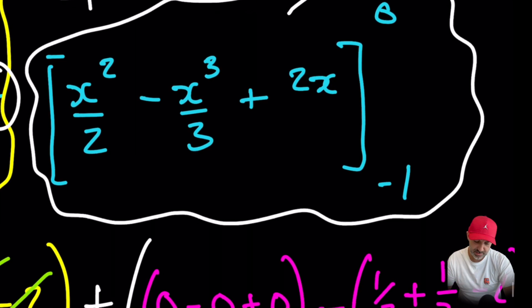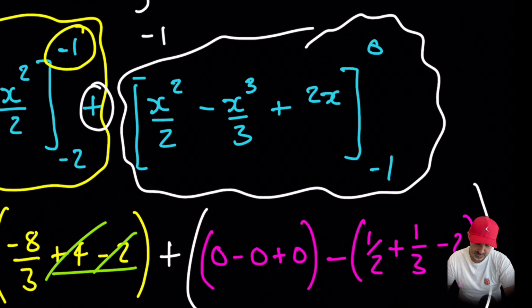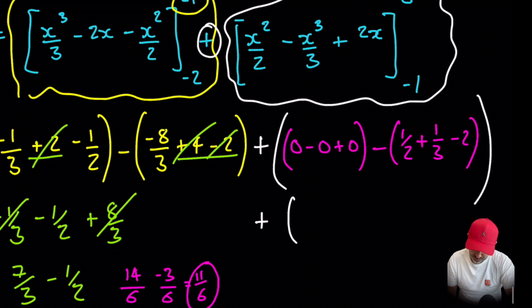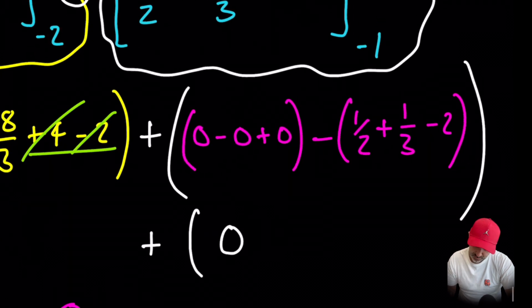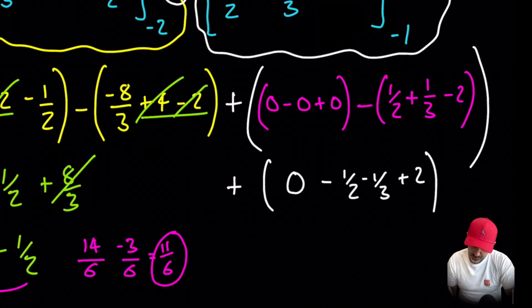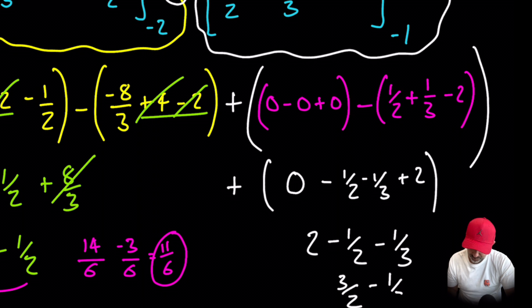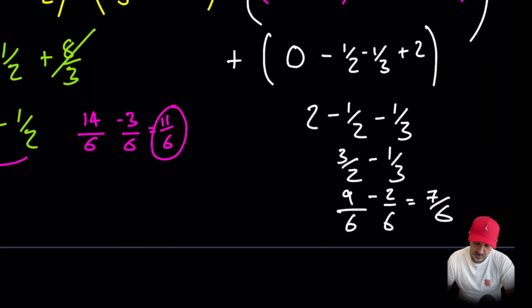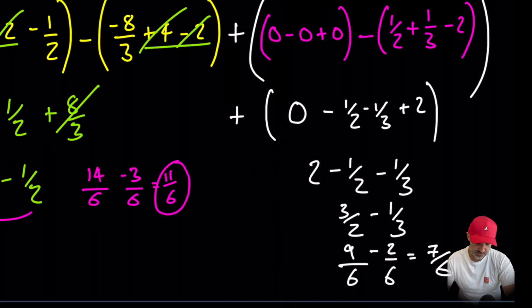Remember, you're doing this whole expression independently, and then that in the brackets will be plus 0, and that's going to come out to be over 6, so 9 minus 2, so that's 7 over 6, right? So that whole second bracket comes out to be 7 over 6.